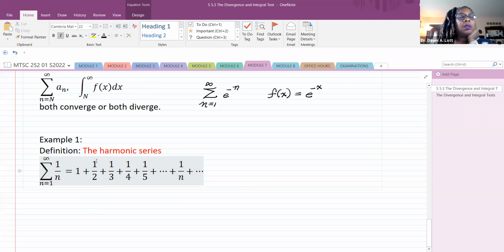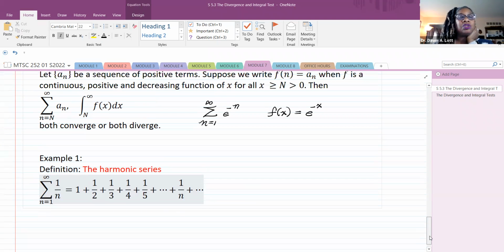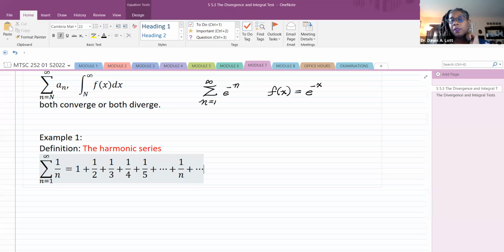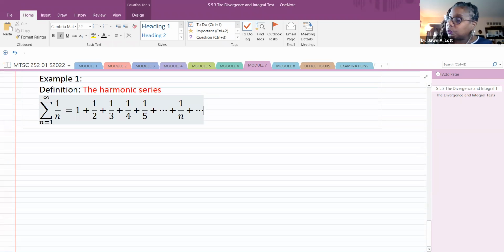It is 1 plus 1/2 plus 1/3 plus 1/4 plus 1/5, and it keeps going. This series, we have to determine whether it converges or diverges. So I am going to use the integral test.